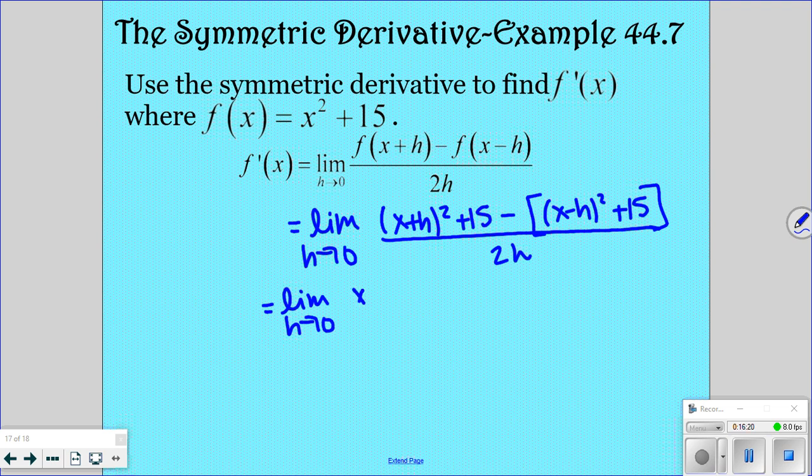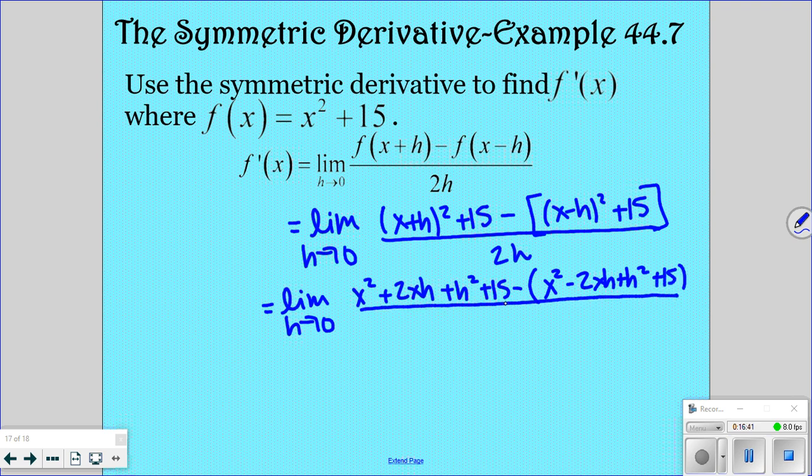So you'll have x squared plus 2xh plus h squared plus 15, and then minus, and I'm going to distribute the negative in a minute, just so that I make sure I distribute it correctly. So you'll have x squared minus 2xh plus h squared plus 15 all over 2h. And so now I'm going to distribute that negative sign.